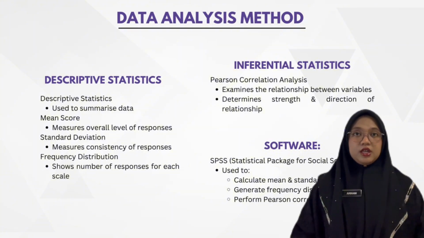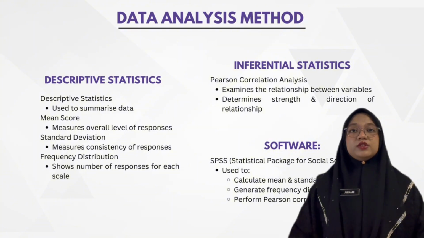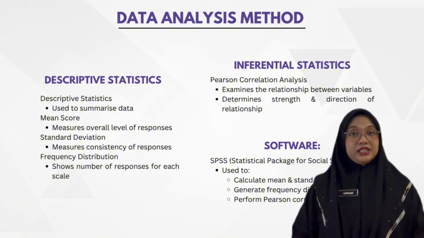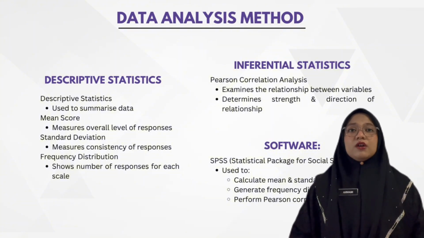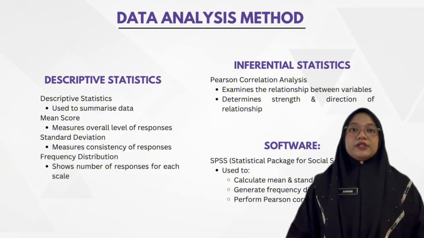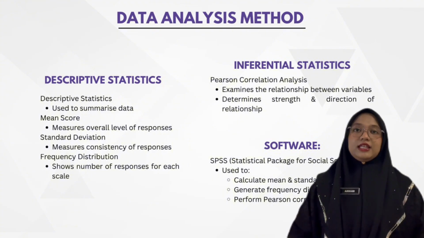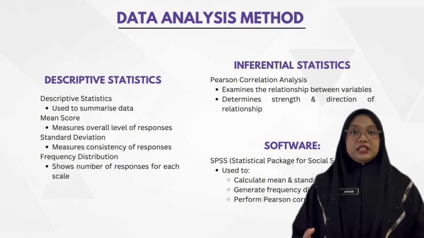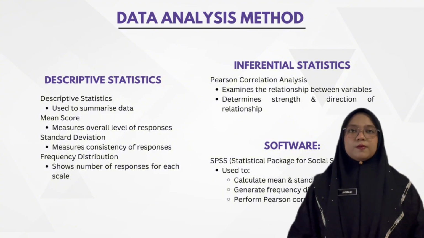It includes mean score, which shows the overall level of responses received, standard deviation, which shows how consistent the responses are, and frequency distribution, which shows how many respondents selected each option that is available.